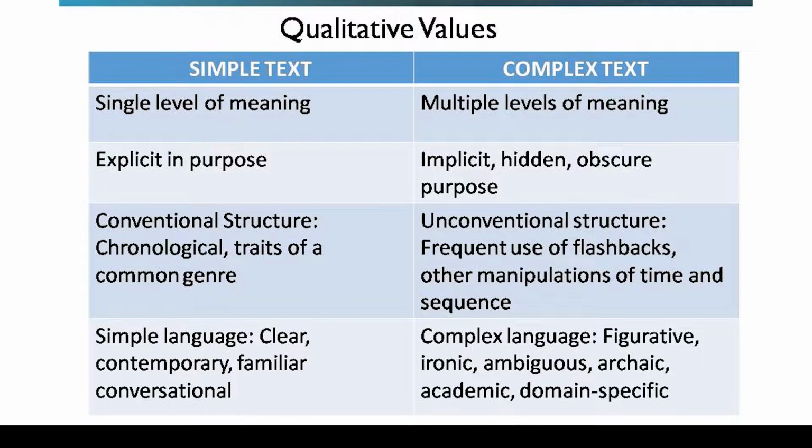Something that is more literal, something that is deep structure, okay? Something that is implicit and not explicit. Is the purpose explicit or clear enough for the reader, or it might be ambiguous, you cannot pinpoint the theme exactly or what the author wants to say. And then, of course, the complexity of the concepts.